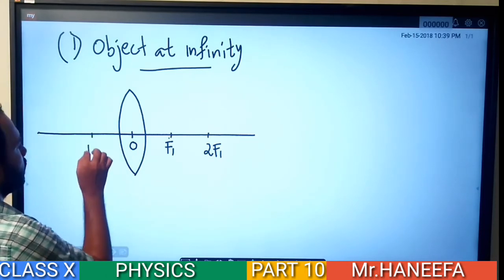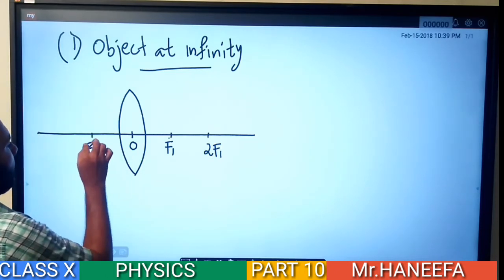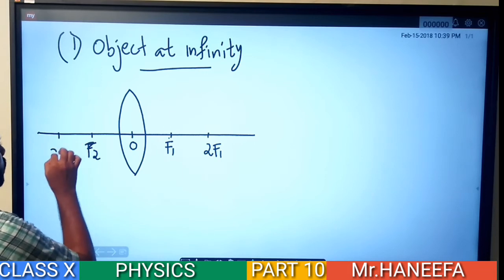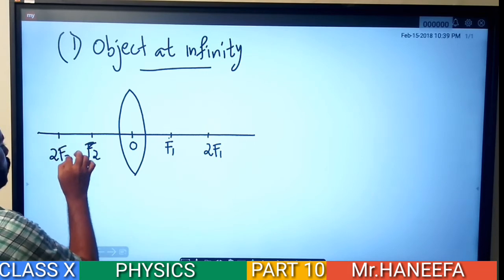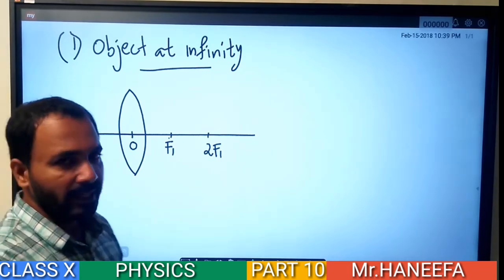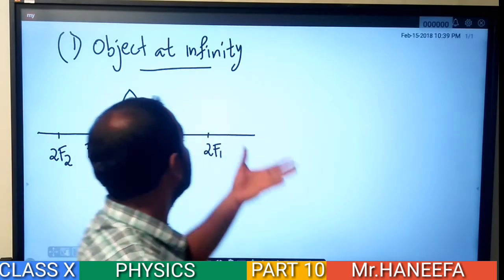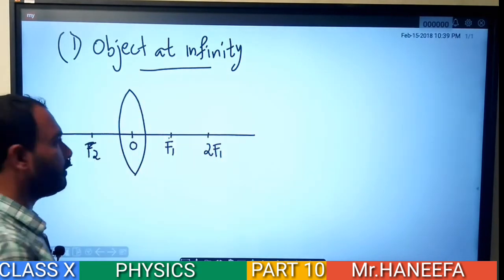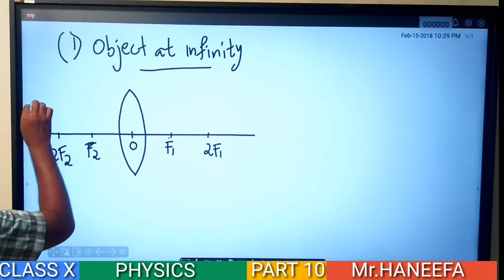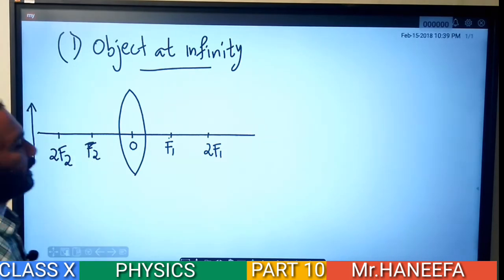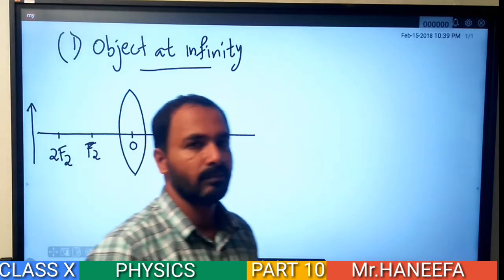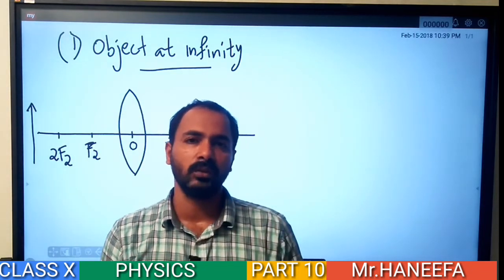Here is F2 and 2F2. In the first case, object is placed at infinity here. We know what is the first rule.